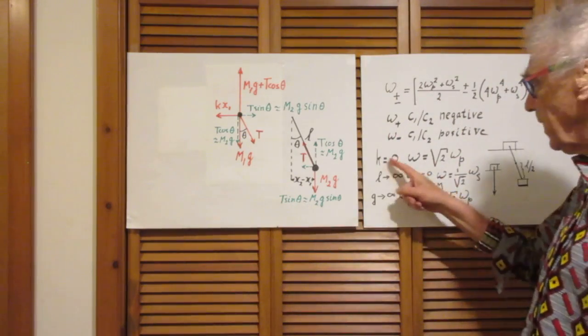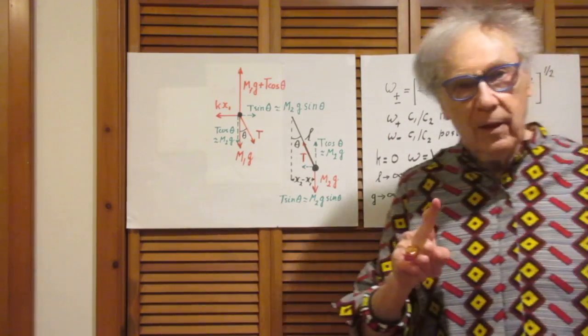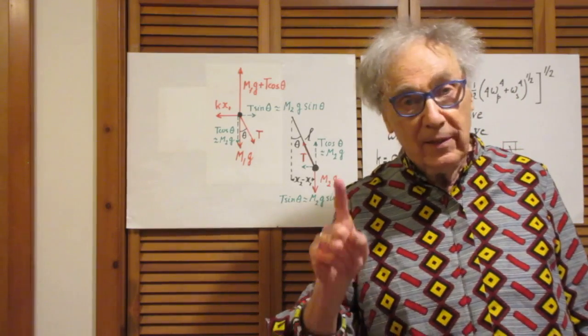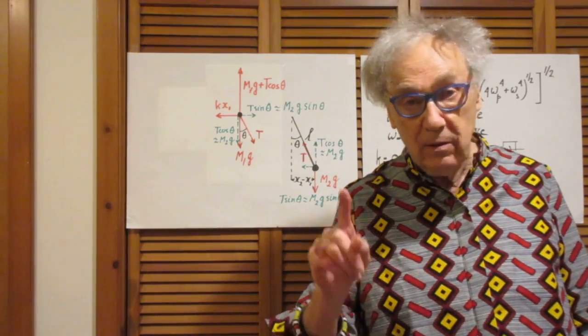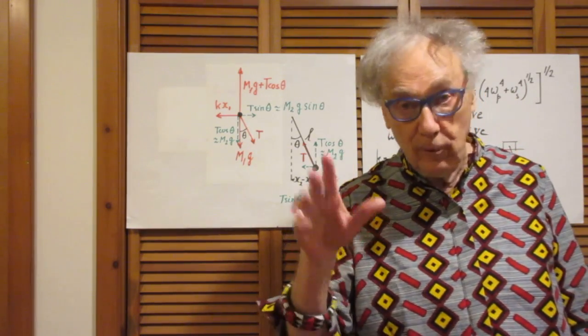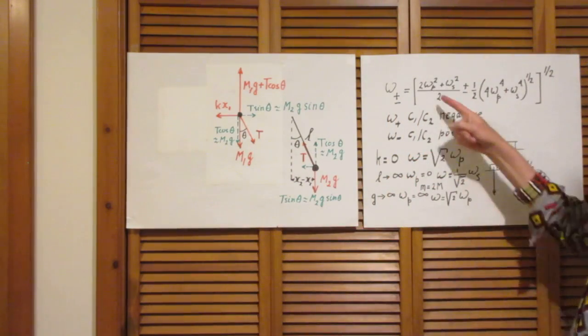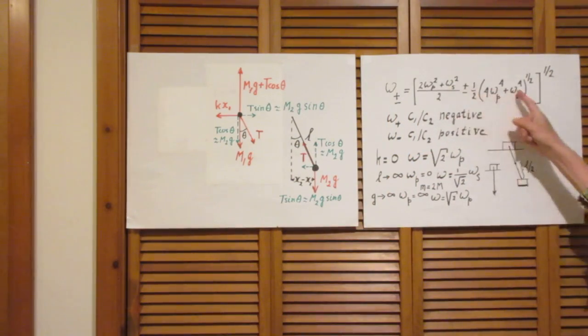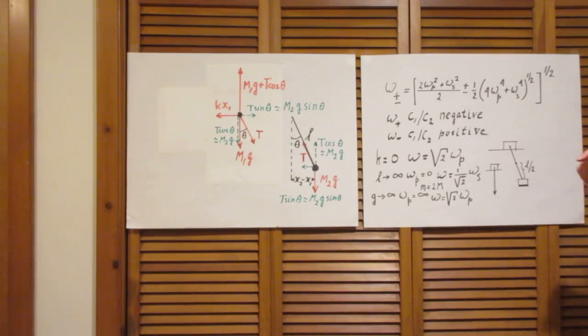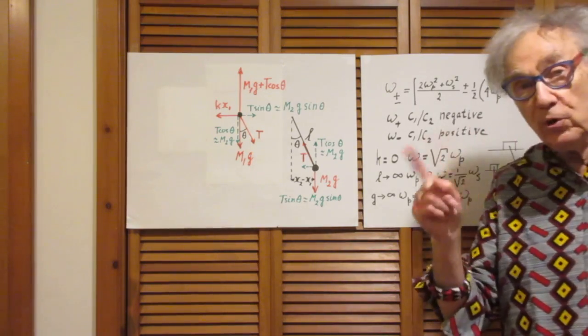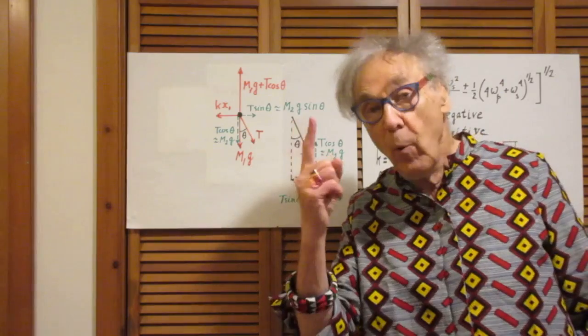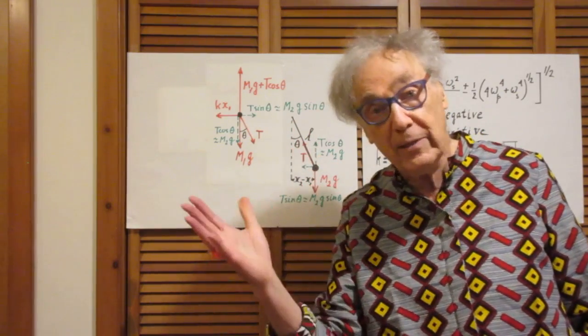But you can make k is 0. If k is 0, then omega of the spring is 0. The square root of k over m is 0. So when you solve this equation for omega s is 0, you only find one solution, of course, because there's only one object oscillating, and that's the pendulum.